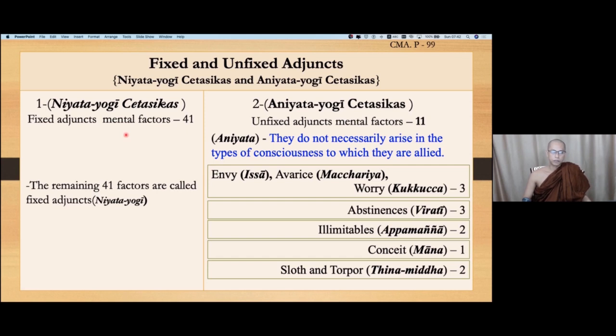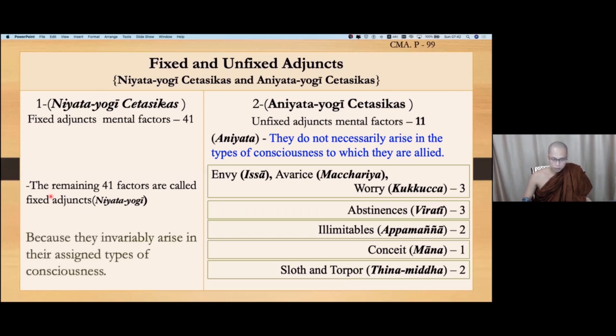And for the niyata yogi, fixed adjunct factors, 41. So the remaining, except the 11, the other 41 mental factors, they are fixed adjuncts because they invariably arise in their assigned types of consciousness. So, for example, saddha.